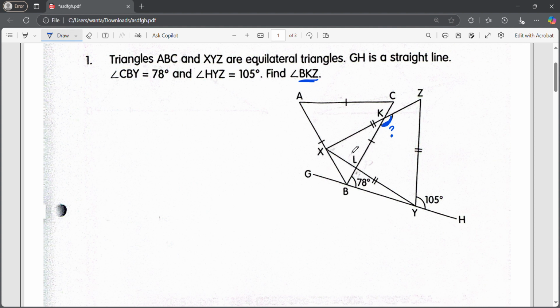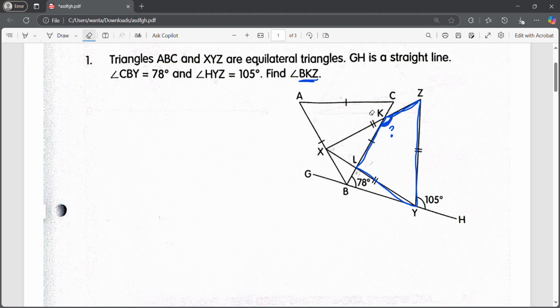Well, BKZ is in this four-sided figure, but we don't know any angle properties for a four-sided figure yet because we haven't learned it. So let's look at a different way to find it.